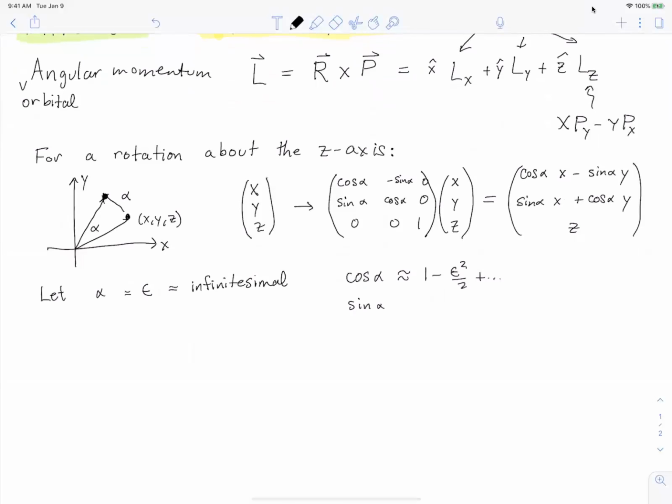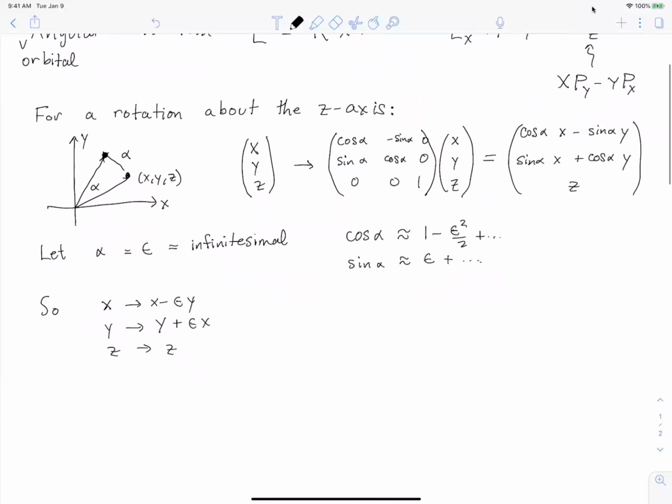Sine alpha is approximately just epsilon plus an epsilon cubed term. And so if we're just working to first order in epsilon, all that's happening is x is being replaced by x minus epsilon times y, y is being replaced by y plus epsilon times x. And of course, z has nothing happen to it.